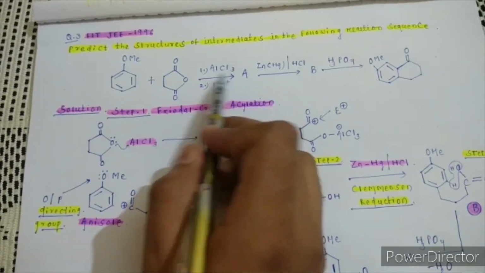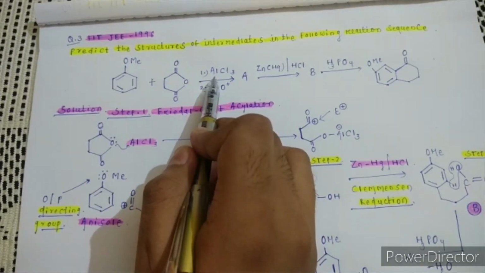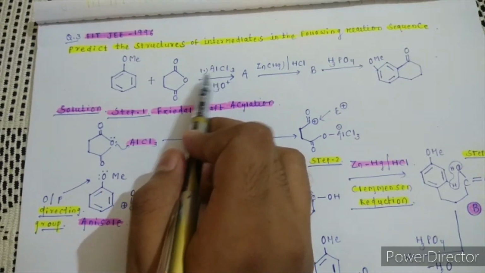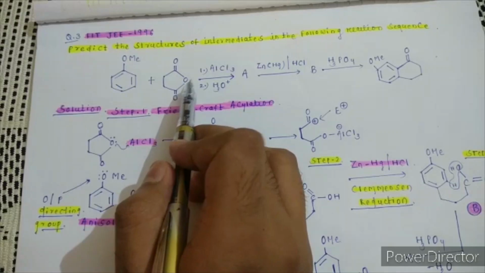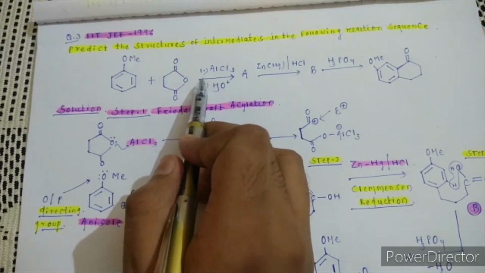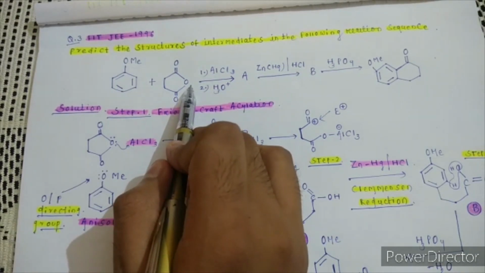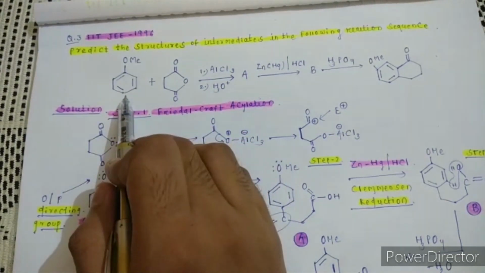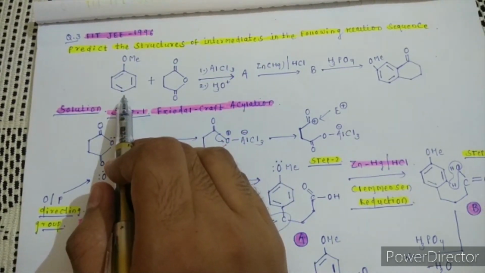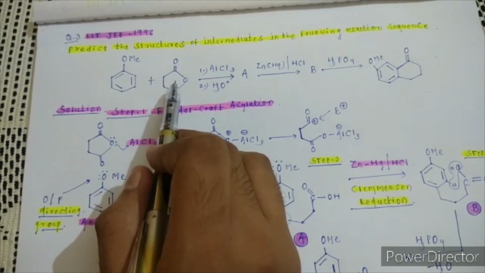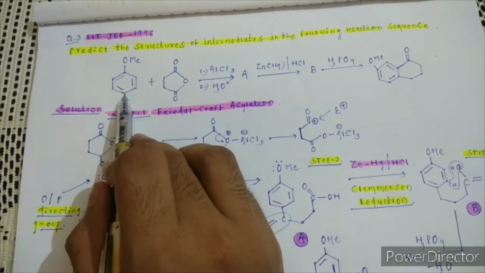AlCl3 is a Lewis acid which helps in the formation of the electrophile. That electrophile will attack the benzene ring at the ortho or para position. We know the para position is always more electron rich as compared to ortho, so the electrophile generated in this reaction will attack the para position.